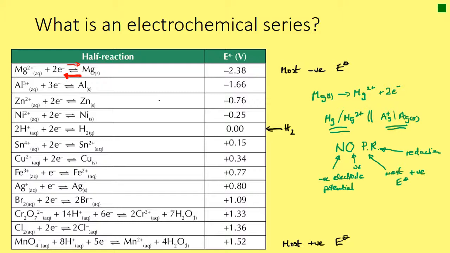And what that stands for is: most negative electrode potential, and that stands for oxidation, and then this would be the most positive electrode potential, and that would stand for reduction.